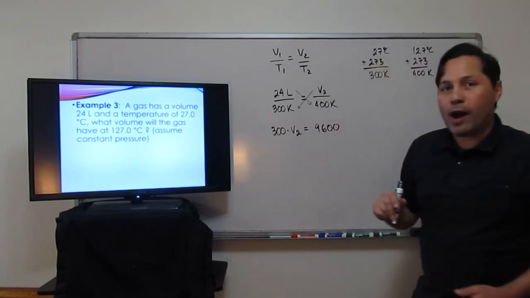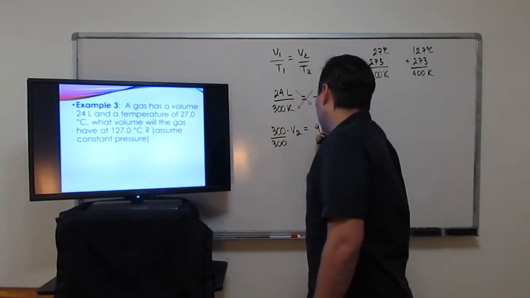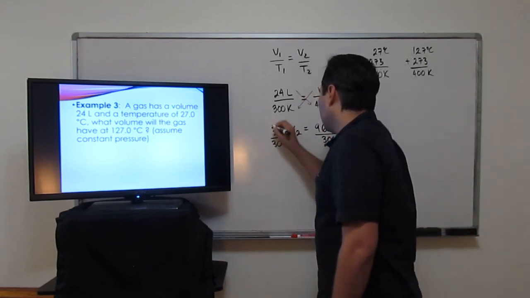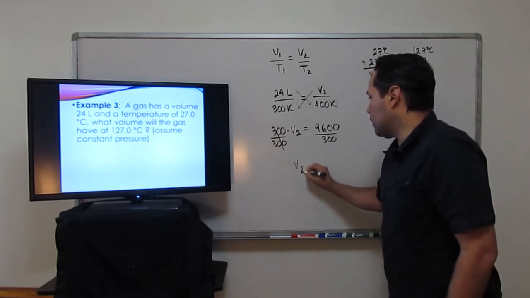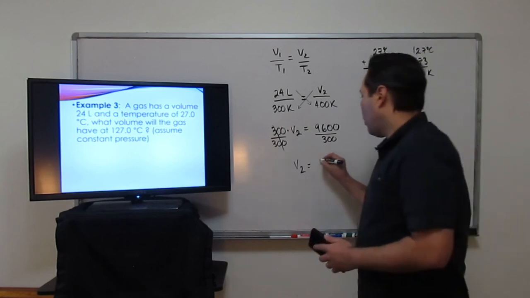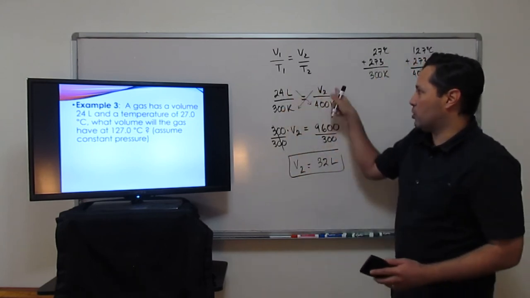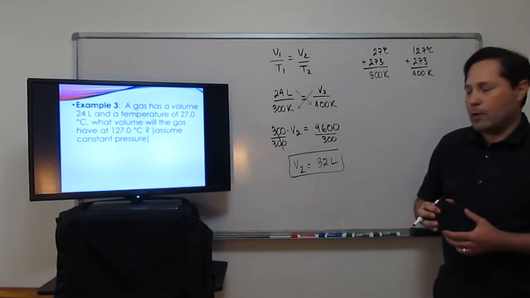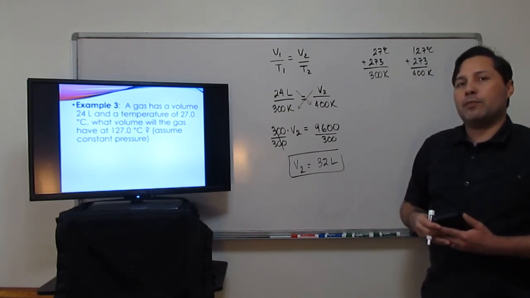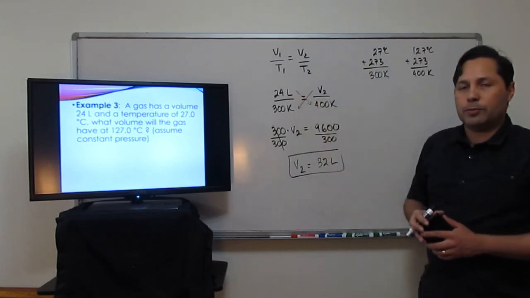Now I want V2 isolated, so I want to get rid of the 300, so I'm going to divide by 300. V2 equals 9600 divided by 300, which is 32 liters. I know it's in liters because the volume was initially in liters, so it remains in the same unit. So there's our answer for example number 3: 32 liters. It expanded from 24 to 32.